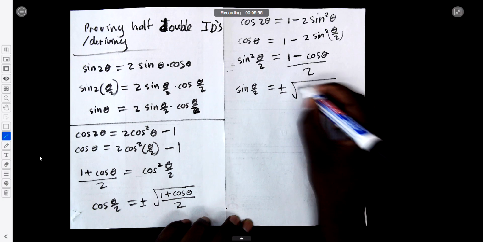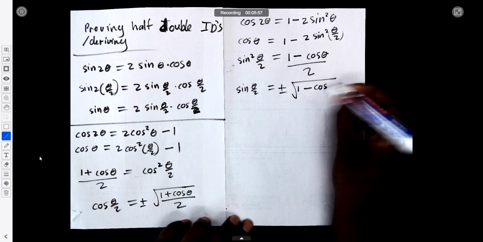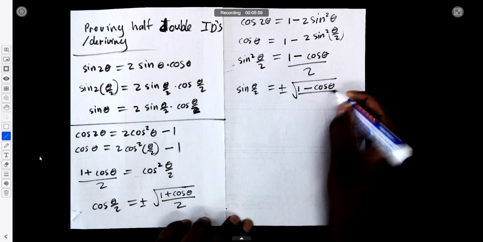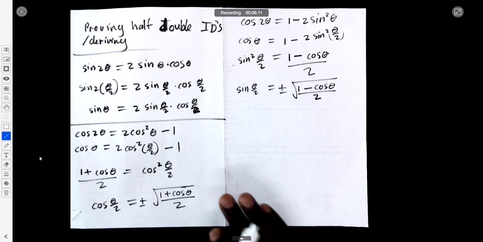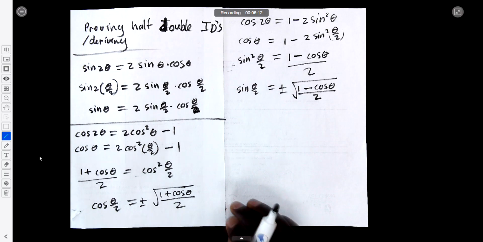So the square root of plus or minus will have 1 minus cos theta over 2. So sine theta over 2 equals plus or minus root of 1 minus cos theta over 2. Obviously we are proving our half identities.